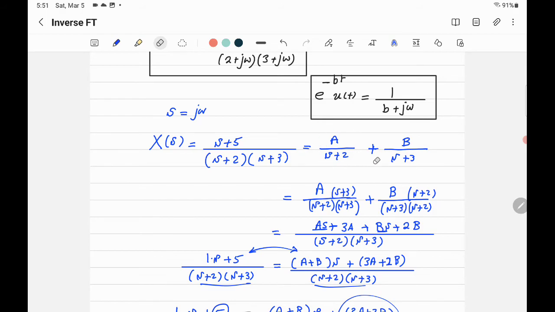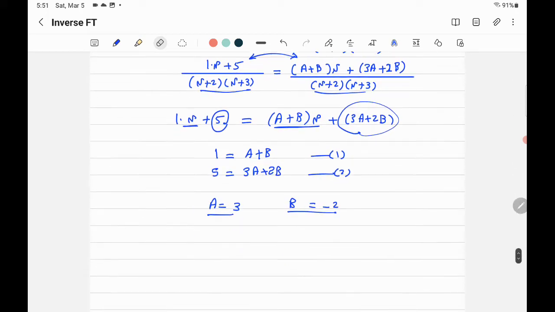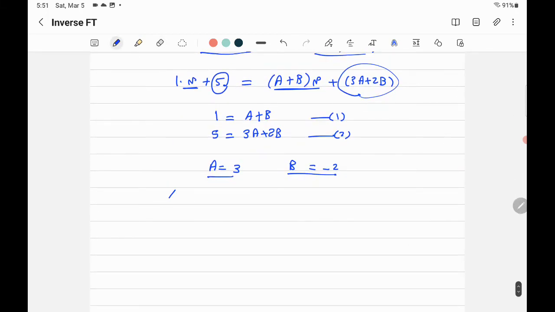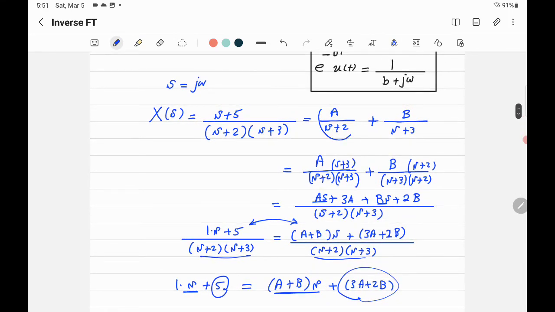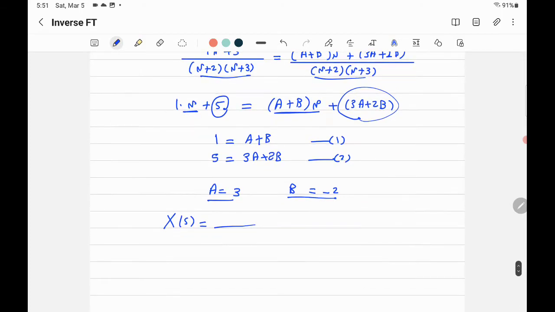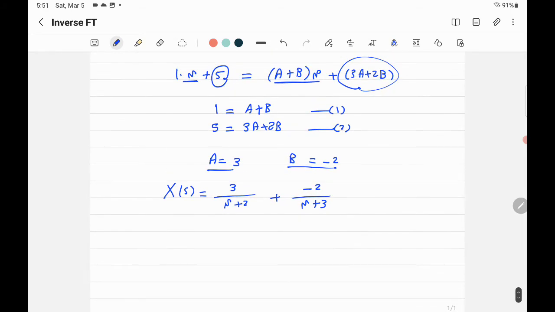I prefer to express it as a sum of two terms so we can get the inverse. So write X of s now equal to a over s plus 2. This is the first one. So a is equal to 3 over s plus 2, plus b, which is -2 over s plus 3. Now we can go back and replace s by j omega.